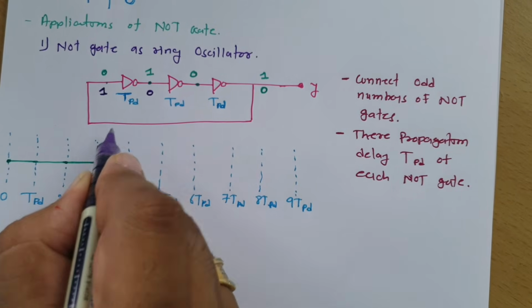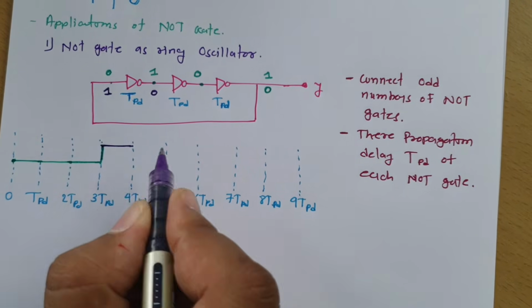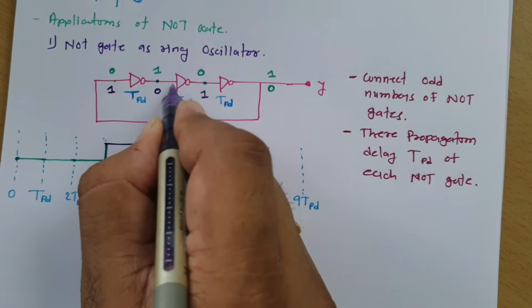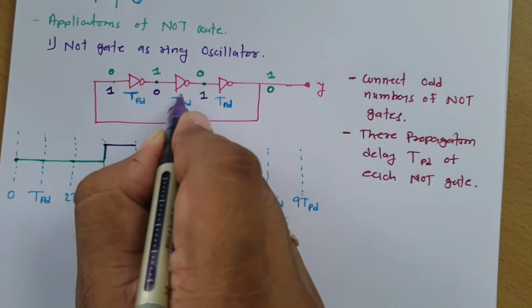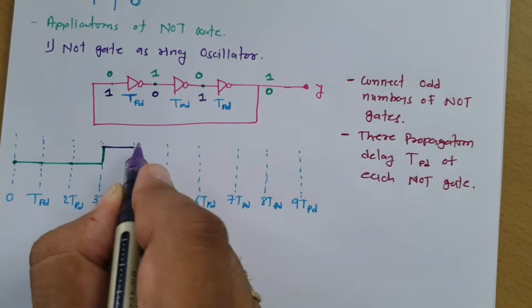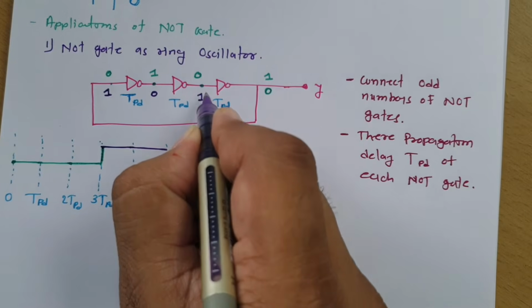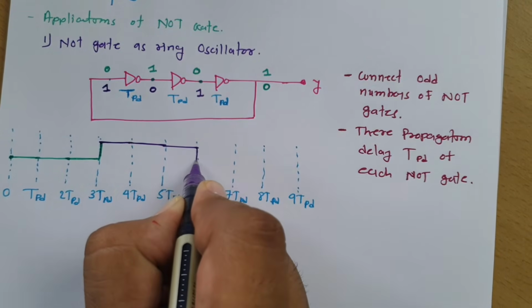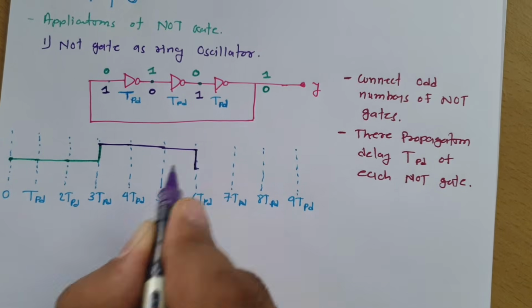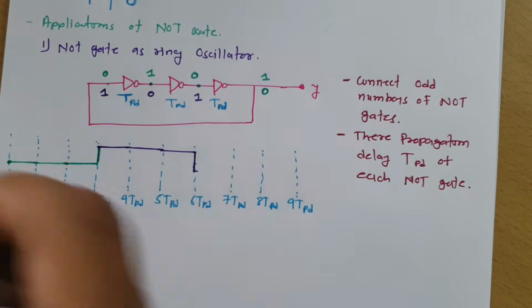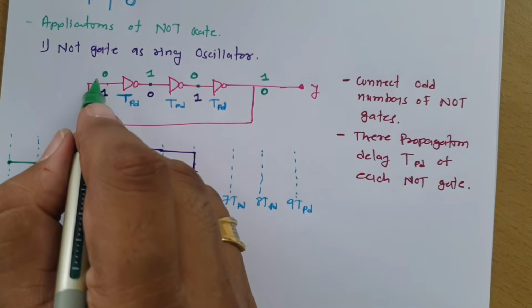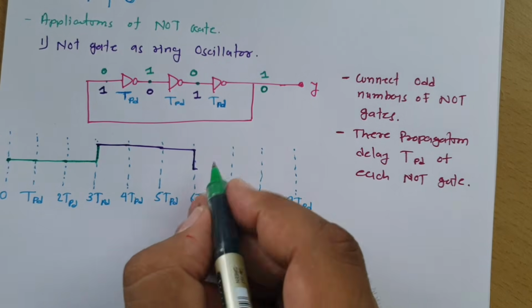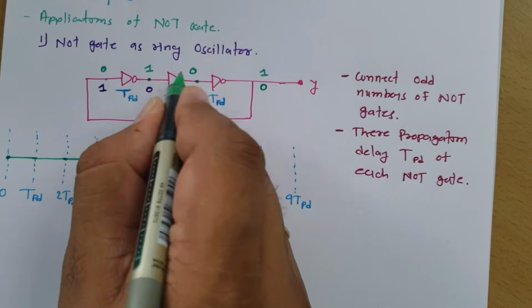From here to here it takes a TPD time period. This 0 to 1 transition happens by this inverter and takes TPD time, but still our output is 1 only. From this 1 to 0 it takes another TPD time, after that it will get 0. Again this 0 goes around, giving 0, 1, 0 and again 1, but for that it takes 3 TPD time.